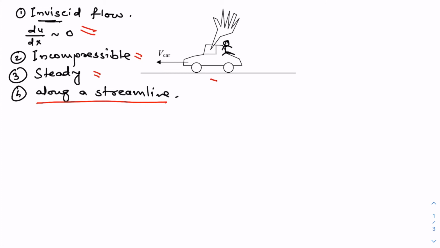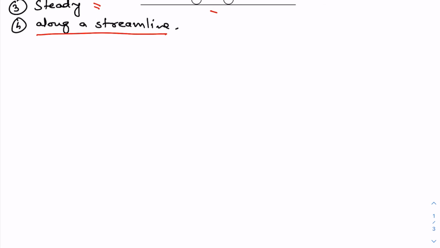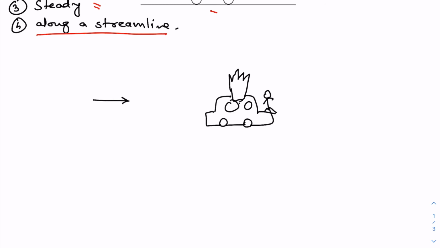So in a coordinate system moving with the same velocity as the car, let's say this is your hand out of the car, and you are working in a frame of reference attached to the car, what you will see is the air moving towards you at a velocity v car and pressure p atm, basically the atmospheric pressure of the air.